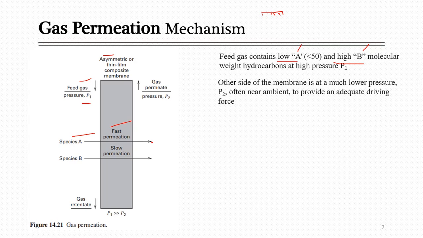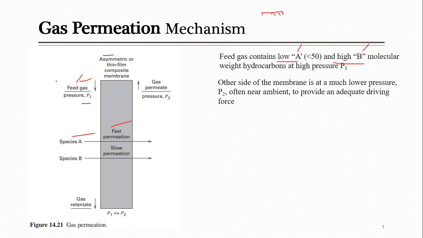On the other side the pressure is P2, and usually this pressure is very small, as he mentioned, somewhat equivalent to the ambient pressure. Why are we keeping a greater difference here? On this side mostly the pressure is high. We have some pressure conditions in the next few slides, so you can see that on this side the pressure is very high.